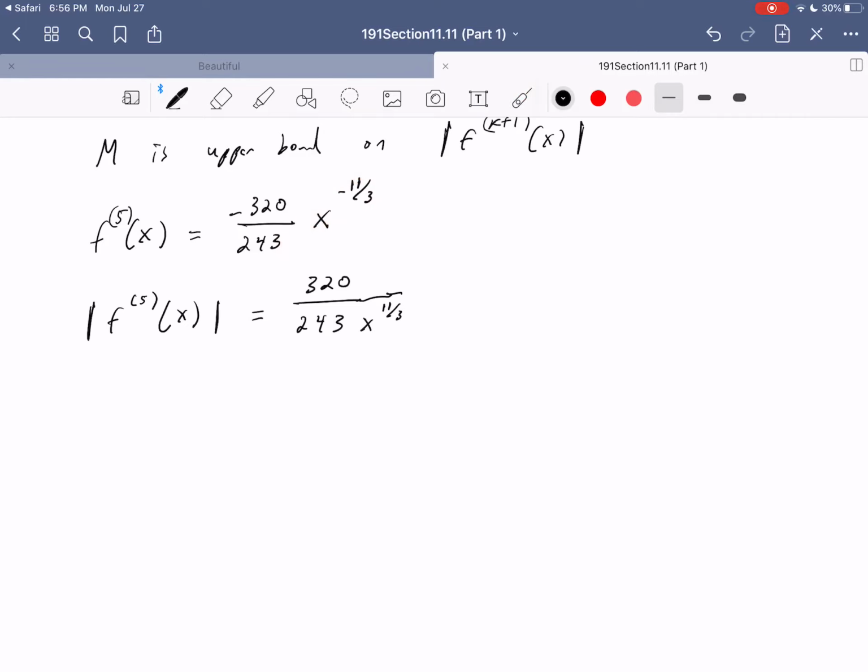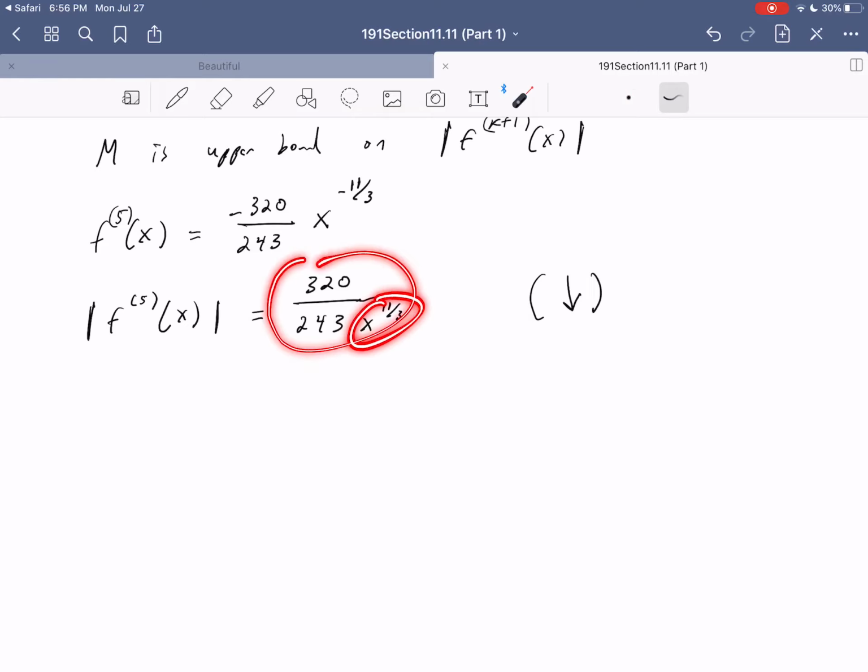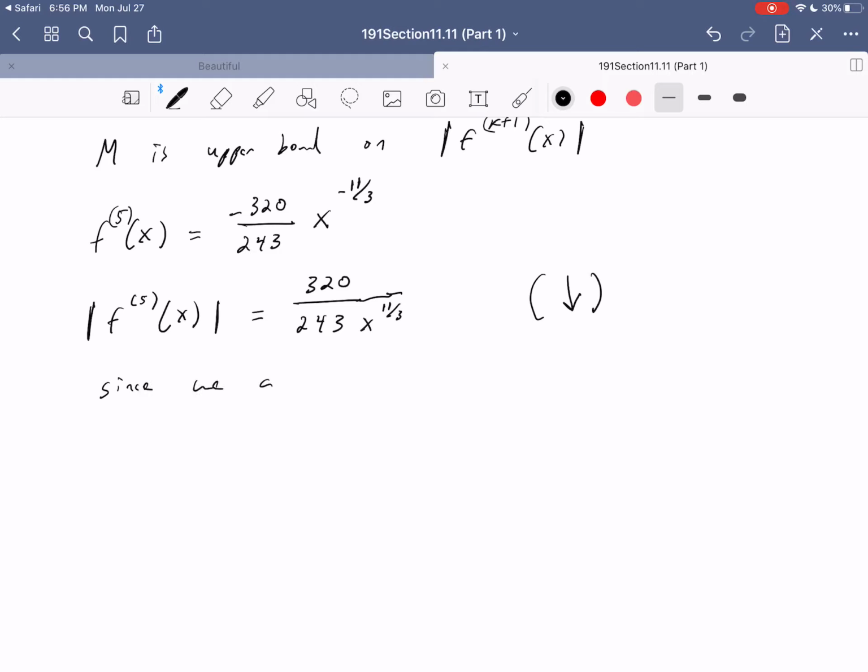Now this is decreasing again. So the larger x is, the smaller this is. So since we are on the interval 6 to 10, well, this is getting smaller and smaller the larger you put in x. So we want the biggest. So we'd probably use x equals 6. So let's use M equals the absolute value of our fifth derivative at 6.